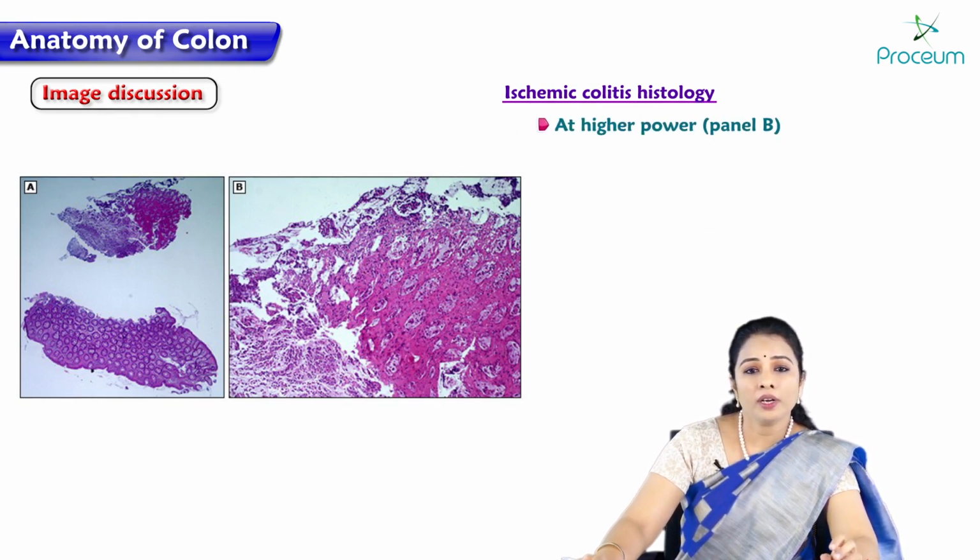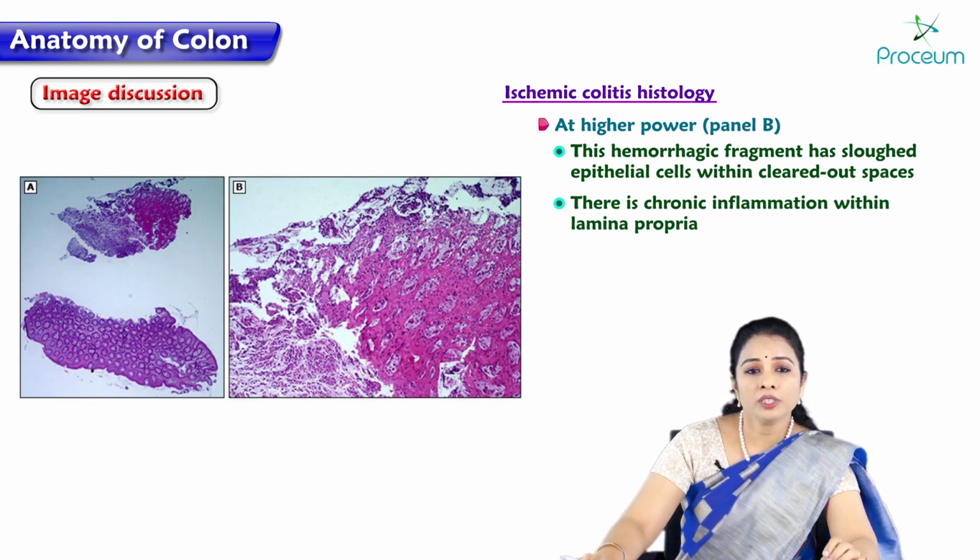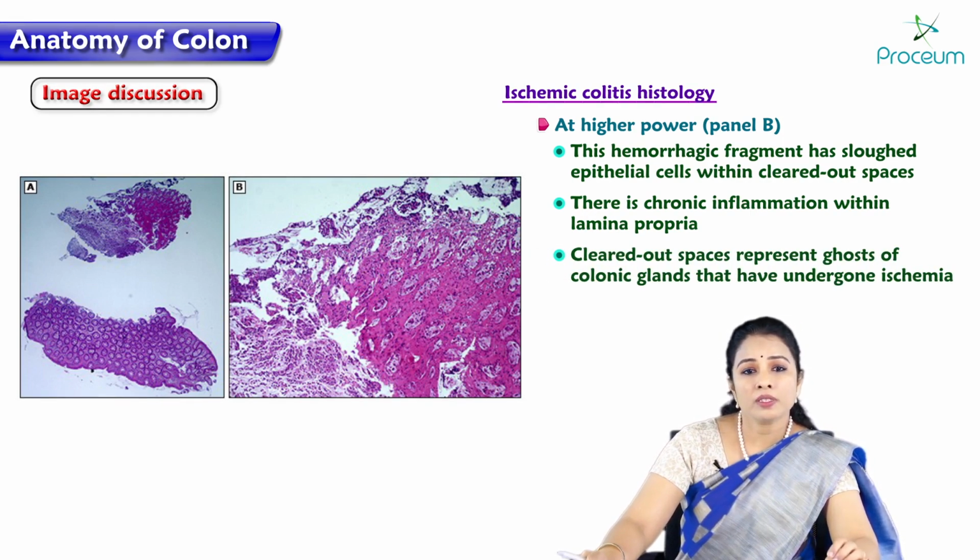At higher power in panel B, this hemorrhagic fragment has sloughed epithelial cells within the cleared out spaces. There is chronic inflammation within the lamina propria. The cleared out spaces represent ghosts of the colonic glands, which have undergone ischemia.